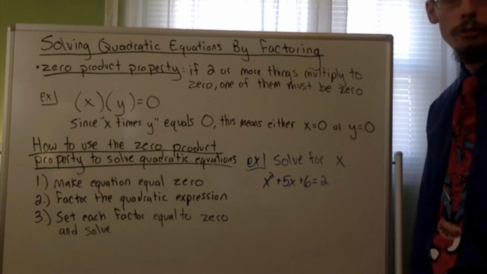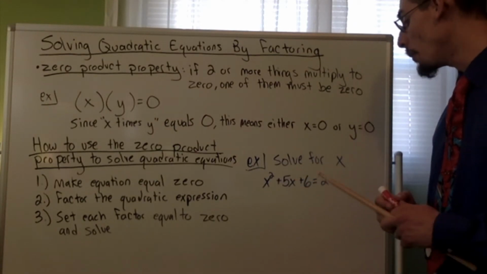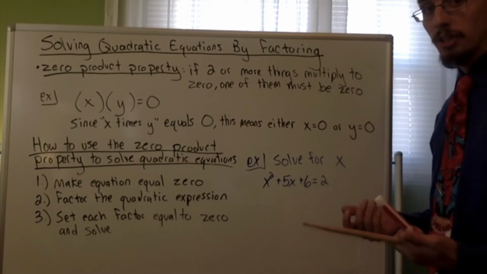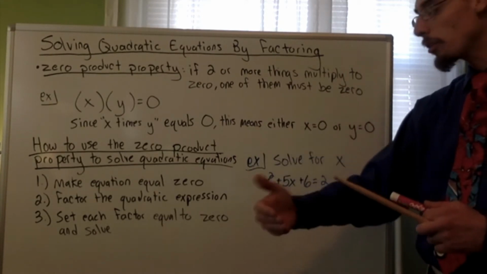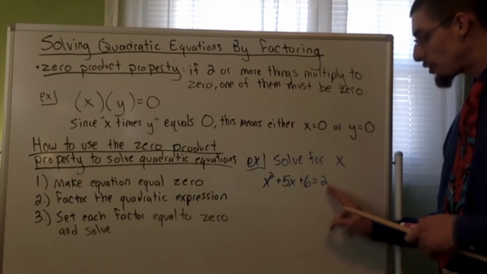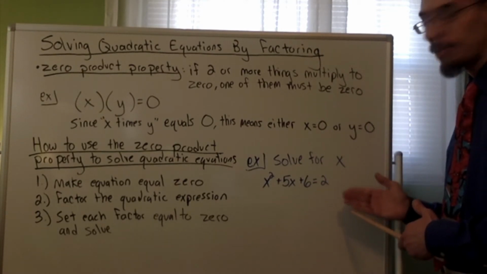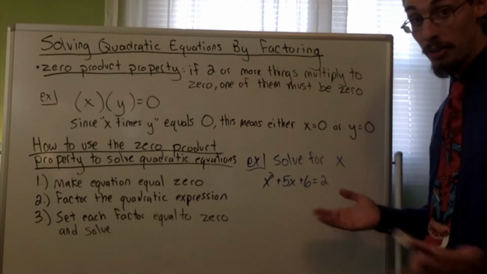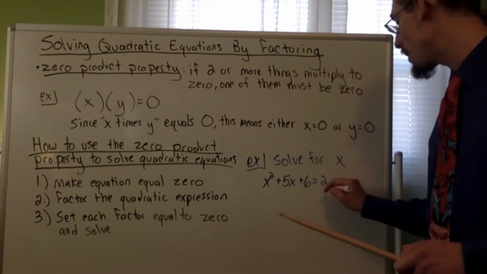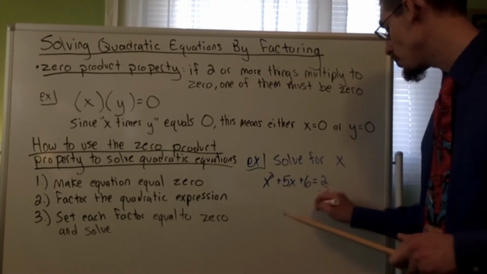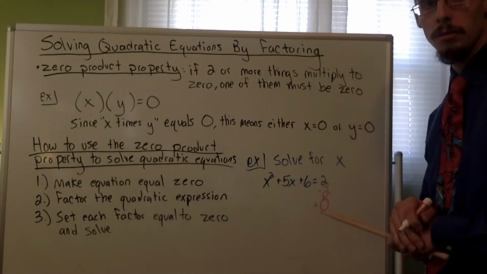So how do we fix that? Well, this 2 that's on the right-hand side, I don't want it on the right-hand side. I'd like to get it over to the left-hand side, right? And couldn't I do that by just doing minus 2? Because 2 minus 2 would equal 0.